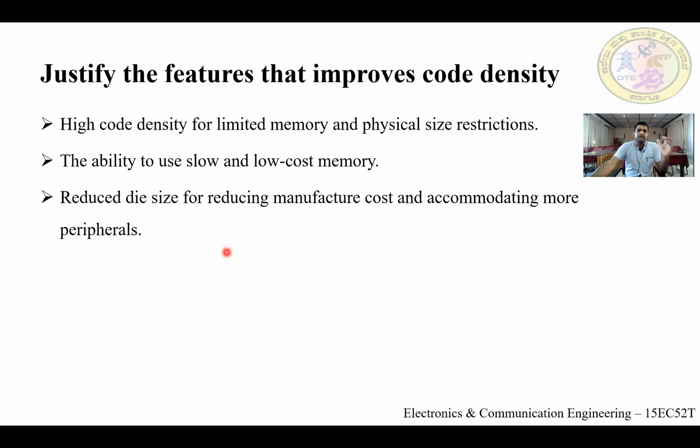If the code is smaller in size, then a reduced die size is enough to manufacture, which reduces cost and accommodates more peripherals on the same small die. ARM supports the 16-bit Thumb instruction so that we can increase code density using Thumb instructions.